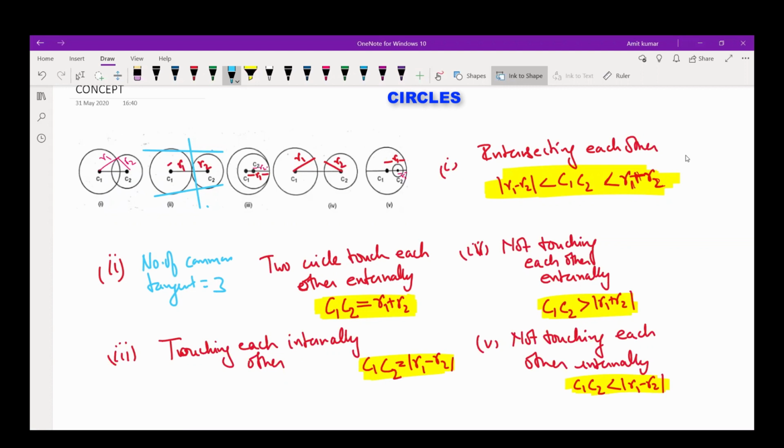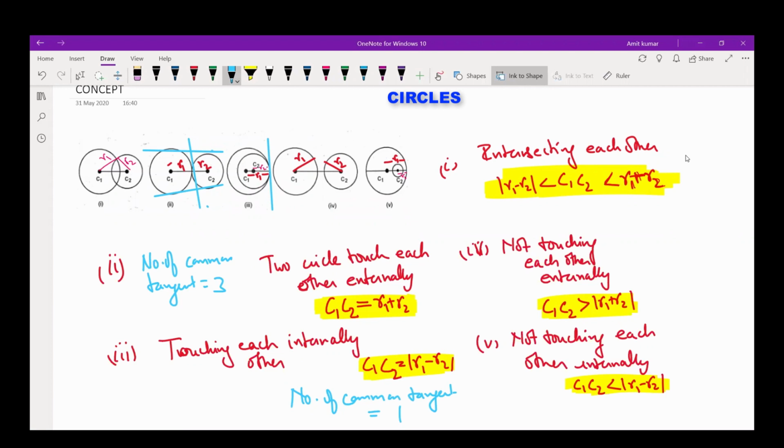If two circles are touching each other internally, in that case, we can draw only one common tangent here. So again, from the relation between their centers and radii, the number of common tangents in this case is equal to 1.